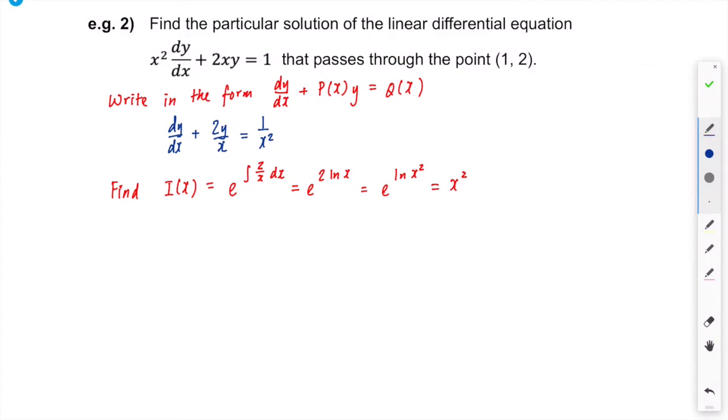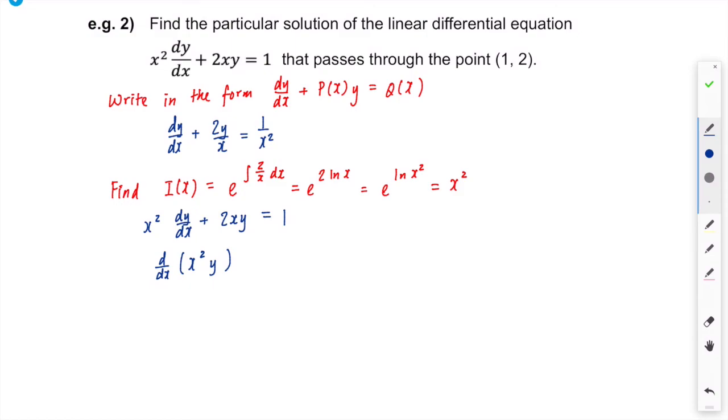What's next? Right, you multiply this integrating factor of x squared now to every single term in your ODE. So x squared times 2y over x is 2xy, equals x squared times 1 over x squared, which is 1. Good. Left side is the derivative of the function x squared times y, right?